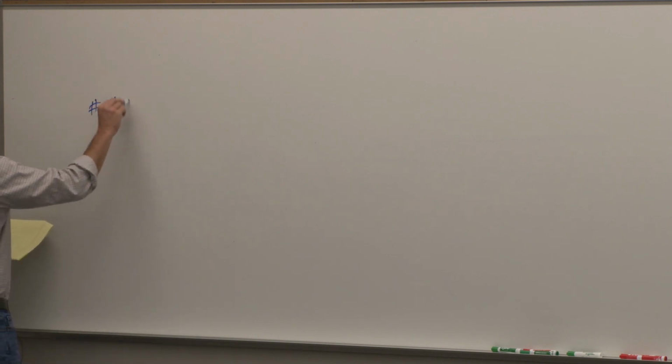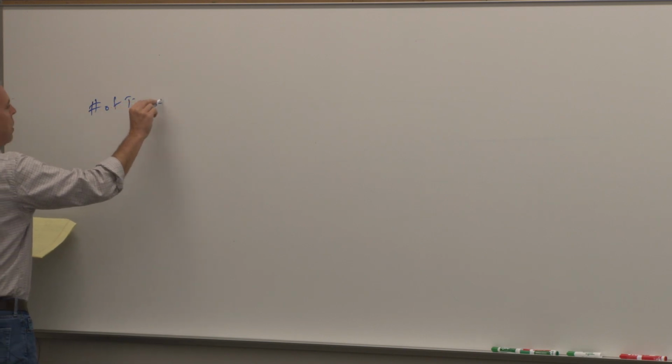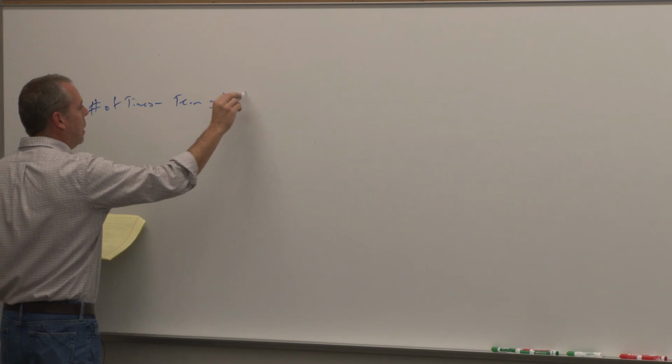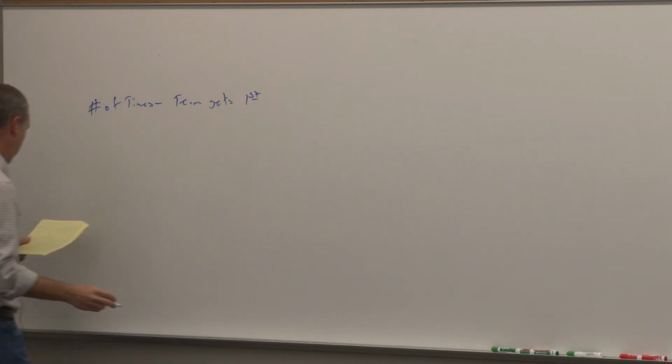So let's look at this, and you can look at it in lots of different ways, but let's look at it in a simple way. Let's look at it as the number of times a team gets first.